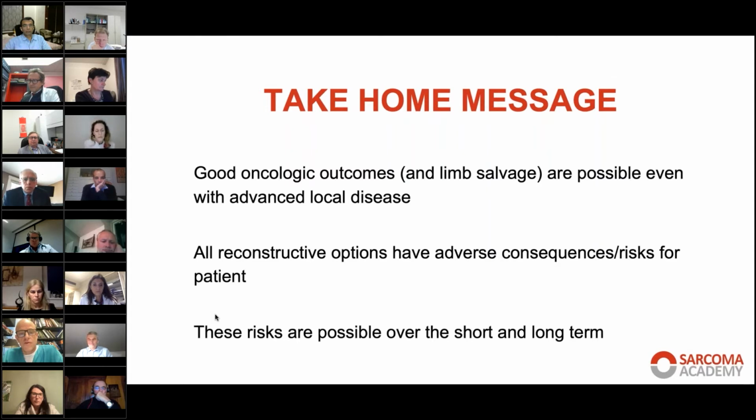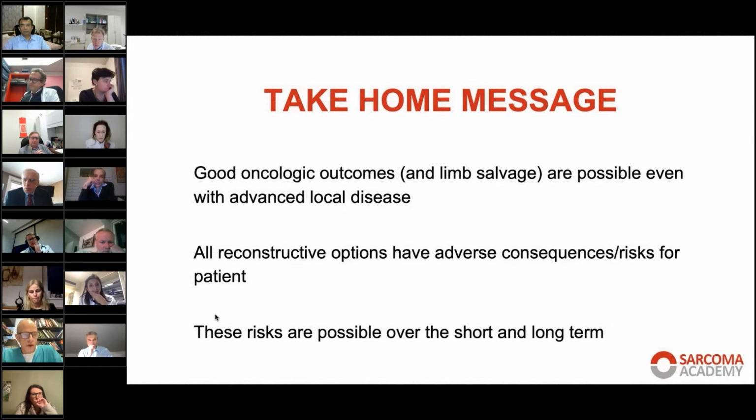In terms of the take-home messages, so to speak, of this particular case, the initial staging studies were quite dire looking in terms of limb preservation, but she had a really outstanding response to chemotherapy, and we were able to proceed with the limb salvage approach.